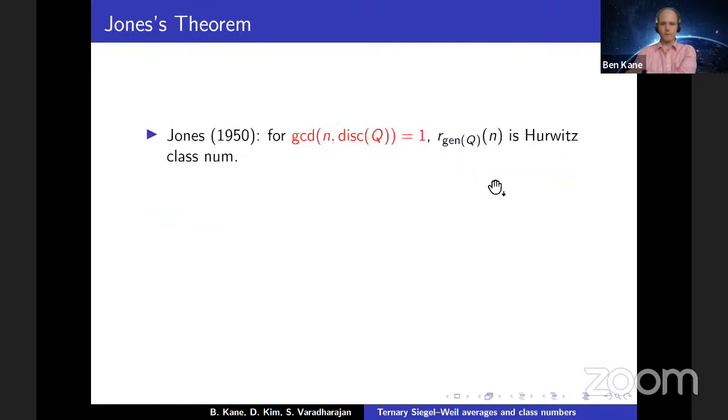Okay. So a number of people studied these numbers, the number of representations by the genus, and we're going to restrict ourselves to the ternary case. So that means 3 variables.